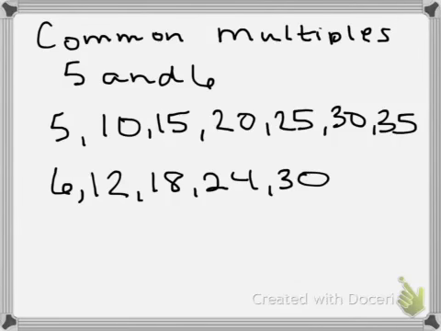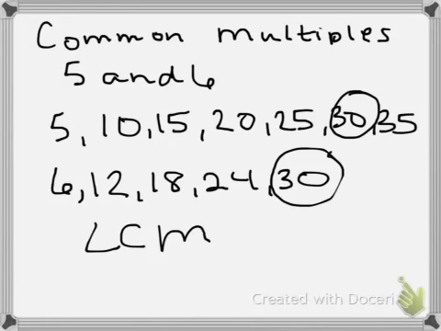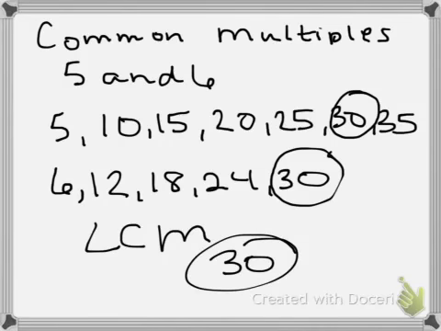Now if they ask for the least common multiple, I see that there's a multiple 30 in both 5 and 6. So my least common multiple has to be 30.